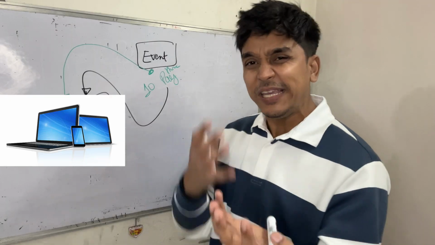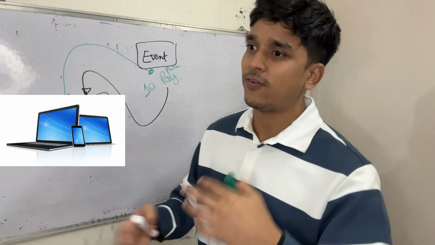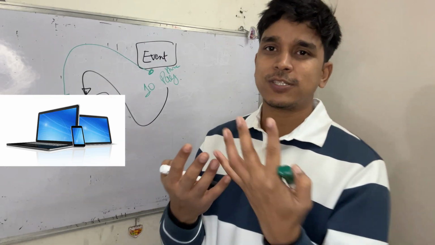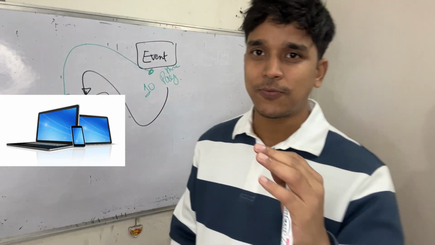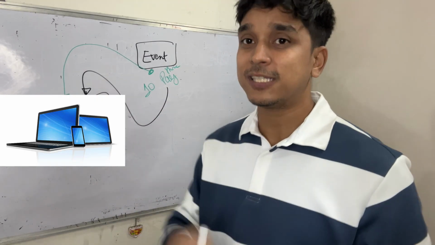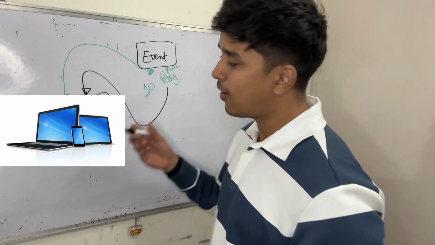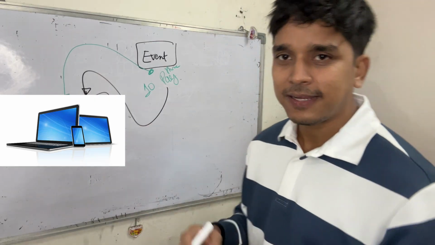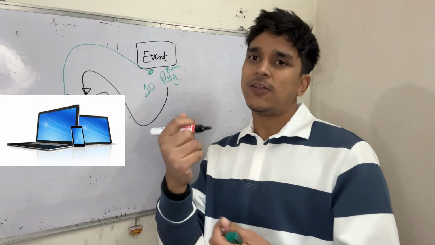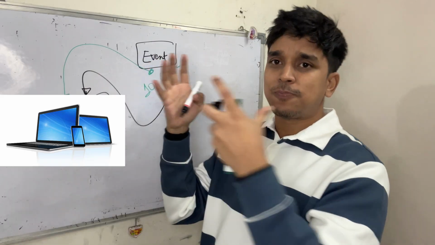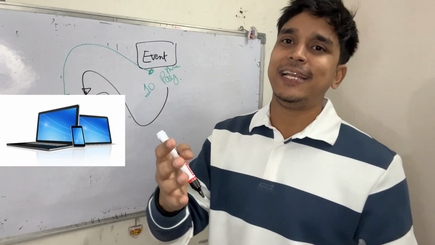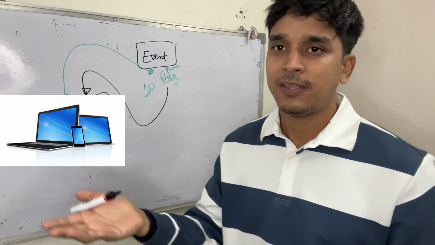So if not the webhook, then what was the other way? I won't say weak, I would say the other, unoptimized way by which we can achieve this thing, but that would not be very optimized, is polling. What is polling? Polling is the way in which the server is not responsible for saying that yes, this event has occurred.